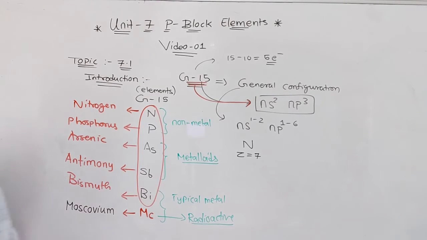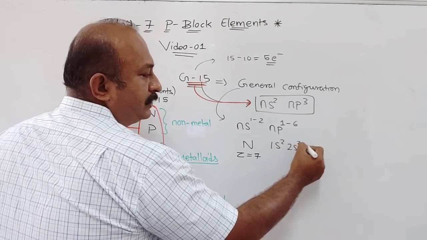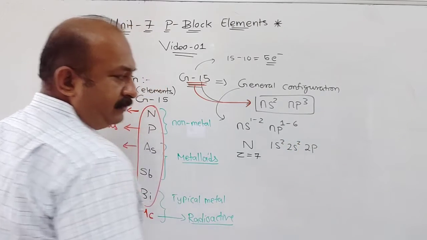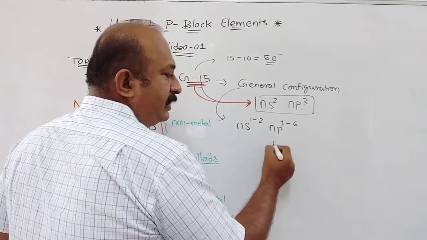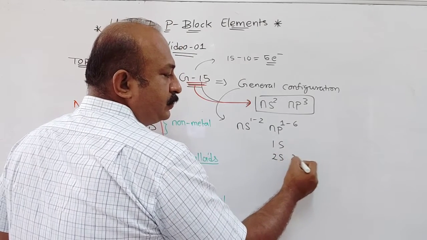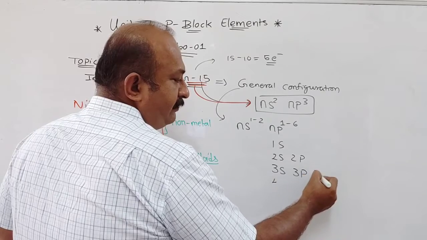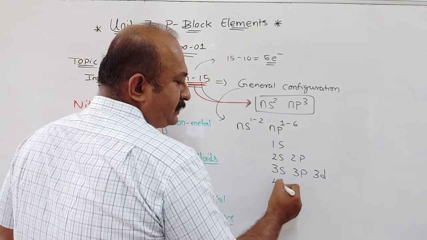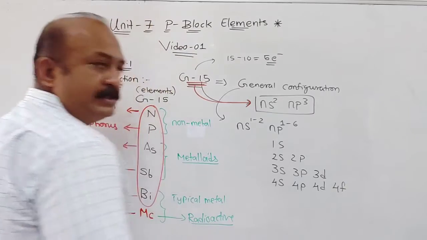So if you write, according to the Aufbau principle, it will be 1s2, 2s2, then 2p. If you don't know the Aufbau principle, you write like this: 1s, then 2s, 2p, 3s, 3p, 3d will come here, then 4s, 4p, 4d and 4f. Understood this part?